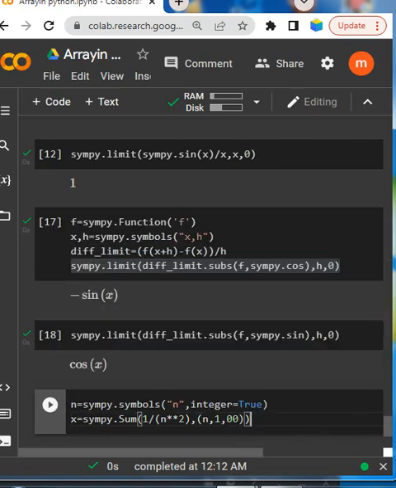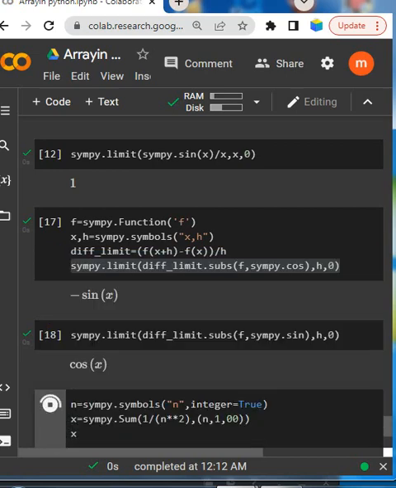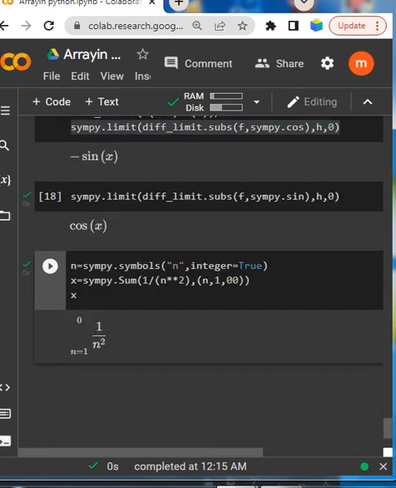And now I am going to print here x. So let's see what happened.